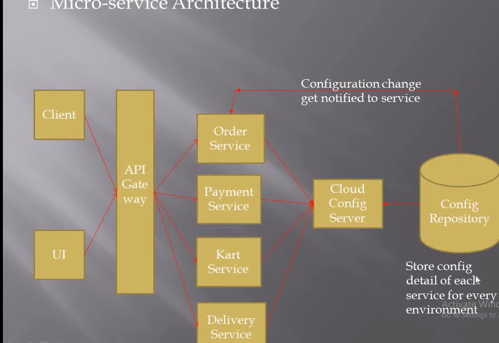So for the test environment, you have a separate property file. You mention when you connect to the cloud config server that you need the test property file. There will be a separate property file for each environment, and also for each service you will have a separate property file. That's how you can easily manage your property files.